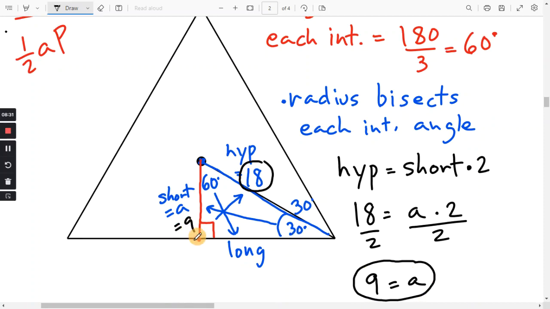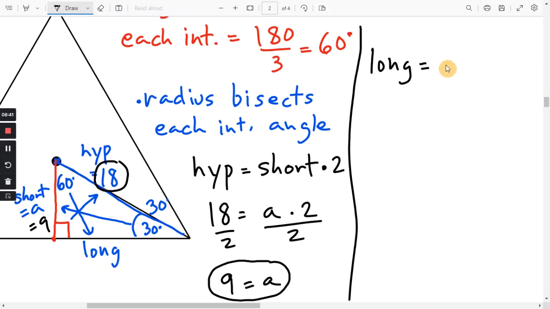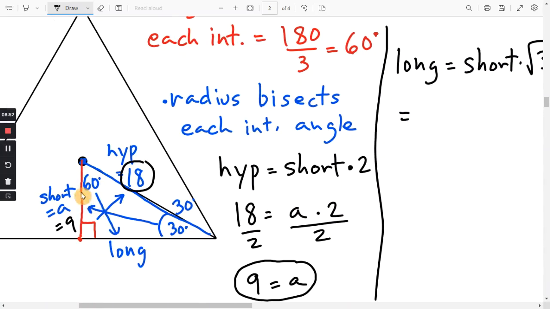Now, for the long side, we're going to use the other formula that we know. We know that the long side equals the short times radical 3. So we said the short side was the apothem.